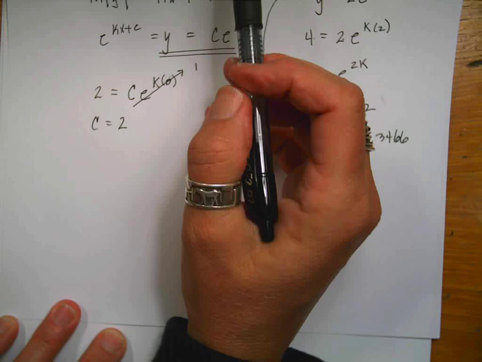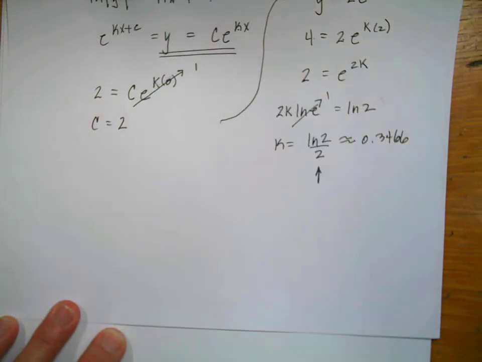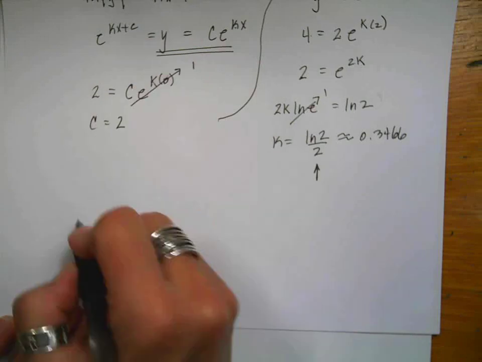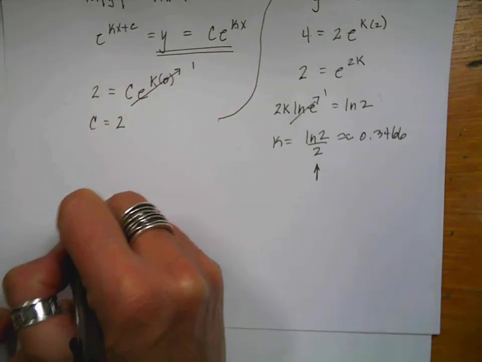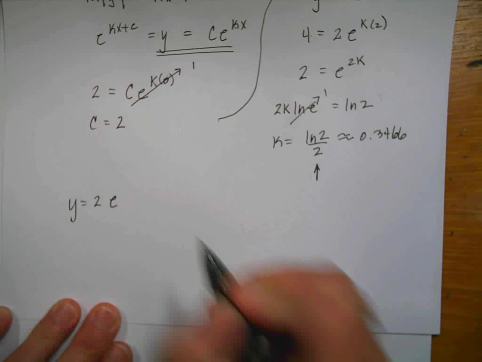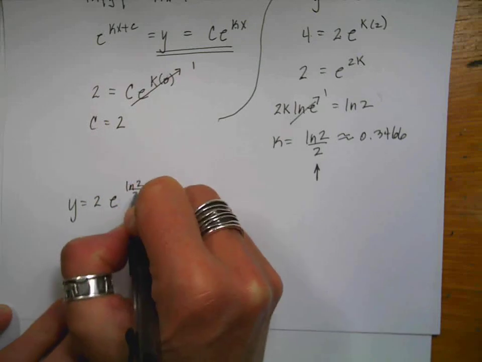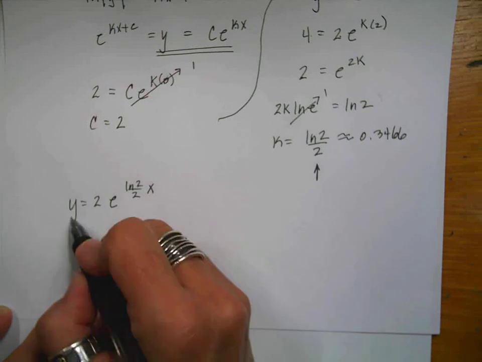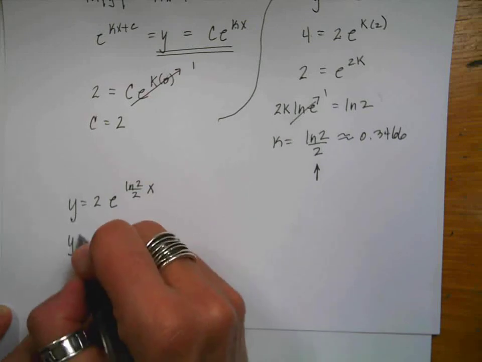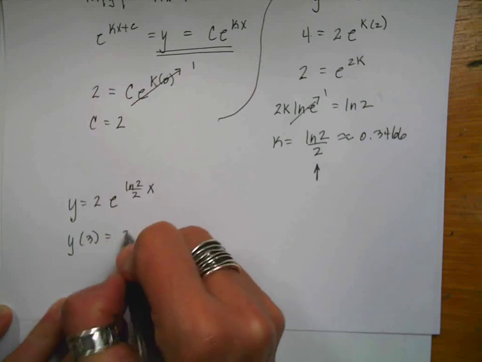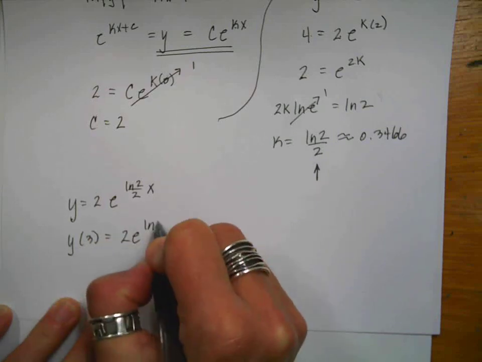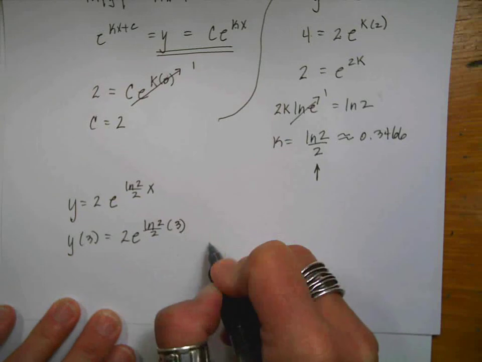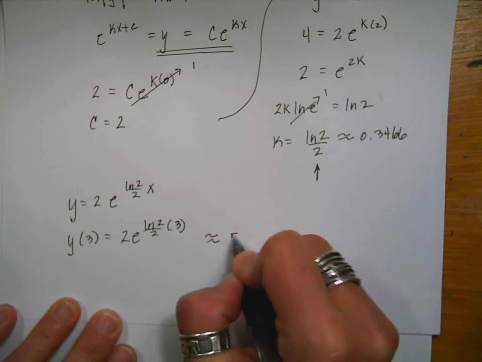Alrighty, now we're finally at the point where we're going to answer the question, what's the value of y when t is 3? And you couldn't see that, but it's up at the top of my page. My bad. So my model is y is equal to 2e, and I'm actually going to write the natural log of 2 over 2 times x. Okay, now I want to predict what y is, so y of 3 is going to equal 2e to the natural log of 2 divided by 2 times 3.